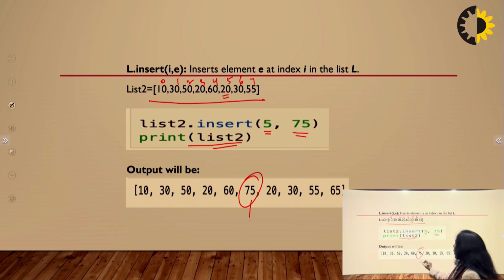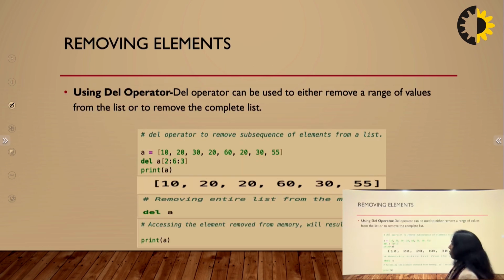This is the difference between append and insert: in append the values are added at the end, and in insert we can insert the value at a place of our choice.